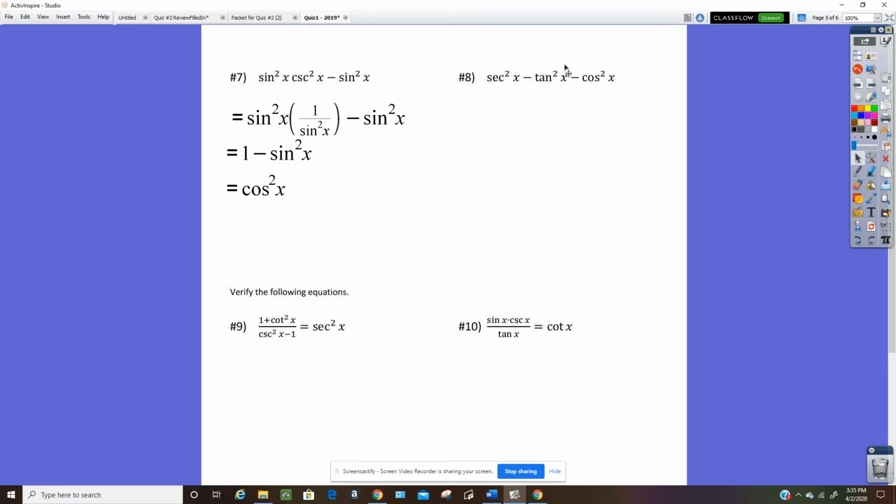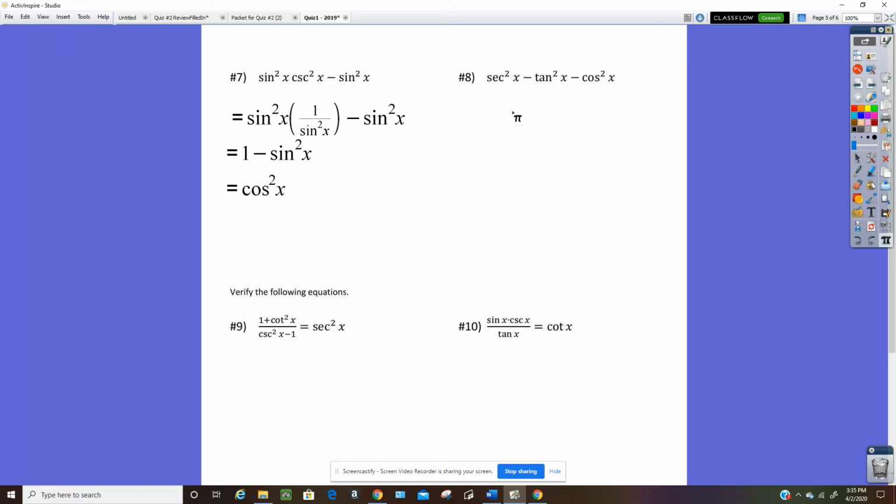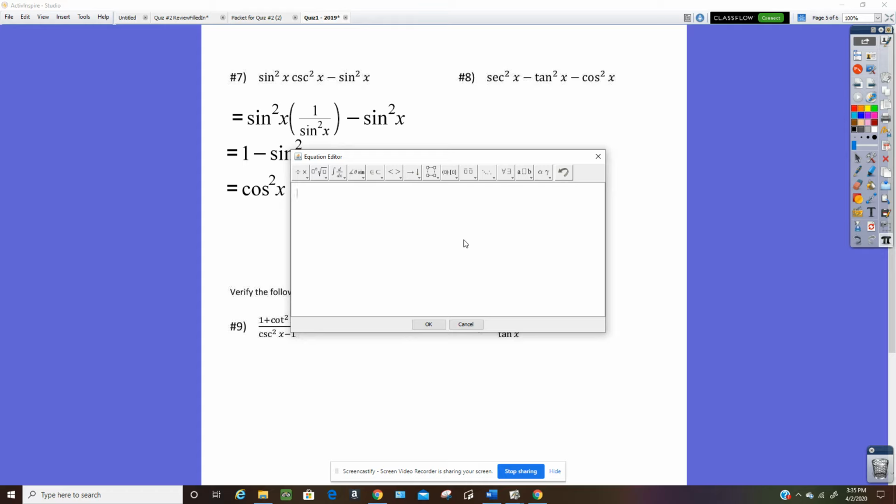So this right here is equal to 1, minus cosine squared. And 1 minus cosine squared is sine squared.